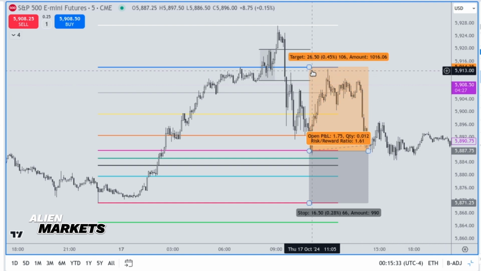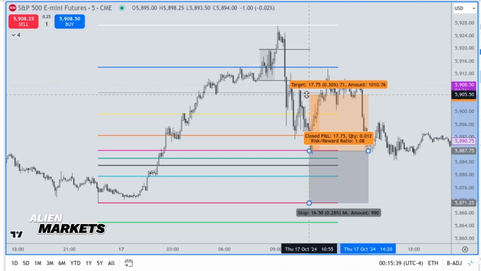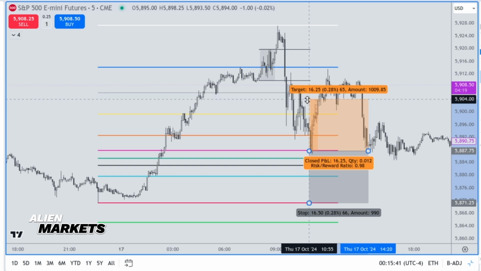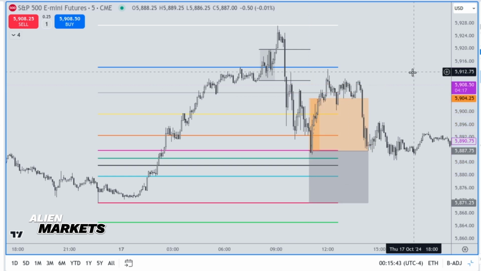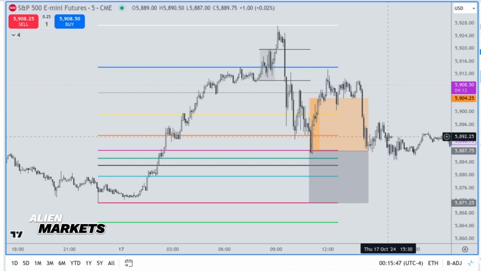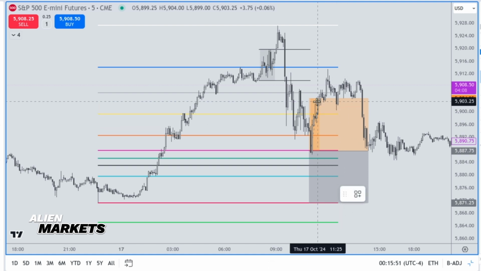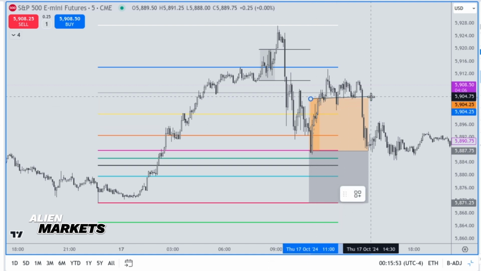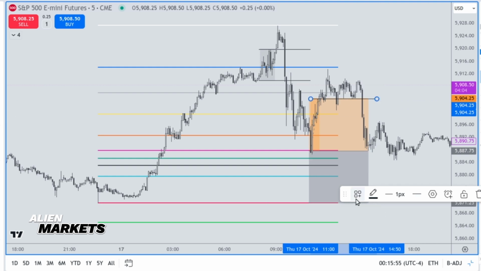So what do I usually do? I usually target my first take profit, as you have seen in my videos, and in the trades I shared on X. You can see this.